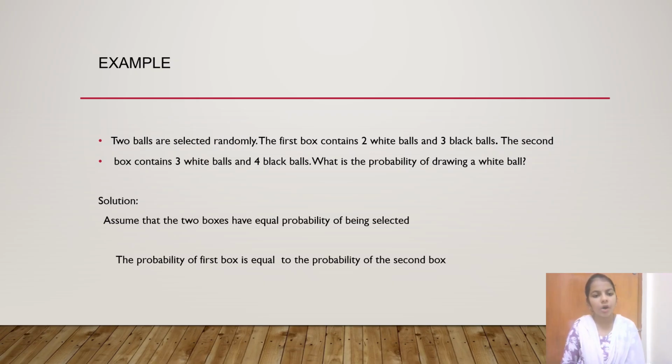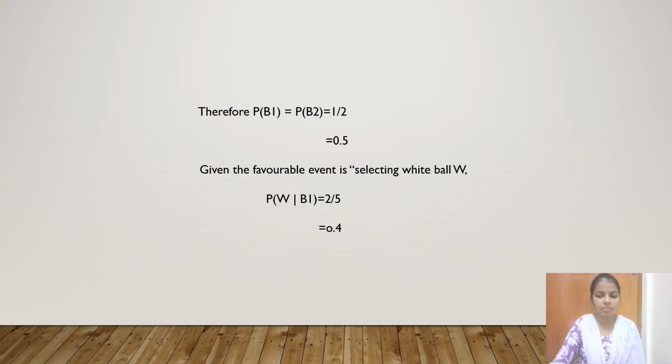The probability of the first box is equal to the probability of the second box. Remember that the first box contains two white balls and three black balls, and the second box contains three white balls and four black balls.